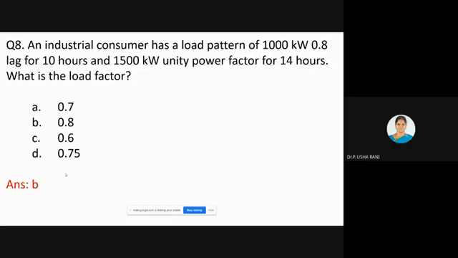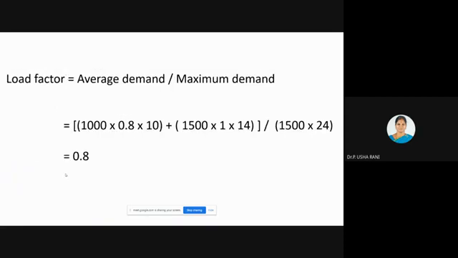How? You have to use the formula load factor is equal to average demand divided by maximum demand. So here they have given the power factor. So you multiply the kilowatt and power factor, then the time duration. Each load for 24 hours per day, you have to multiply and add. That is your average demand.